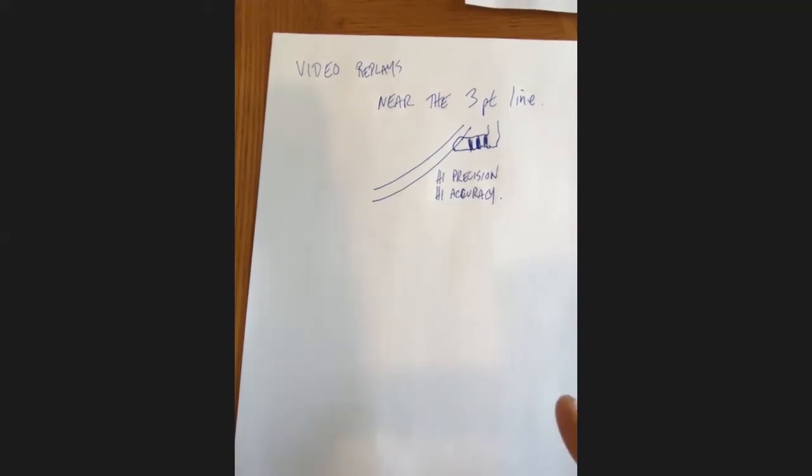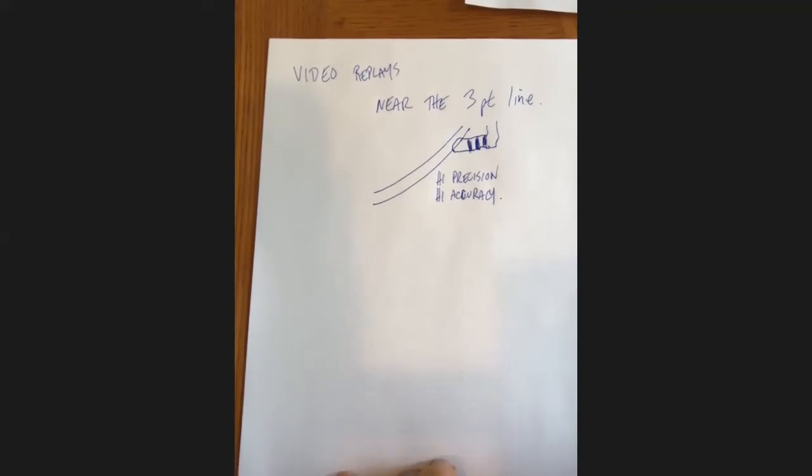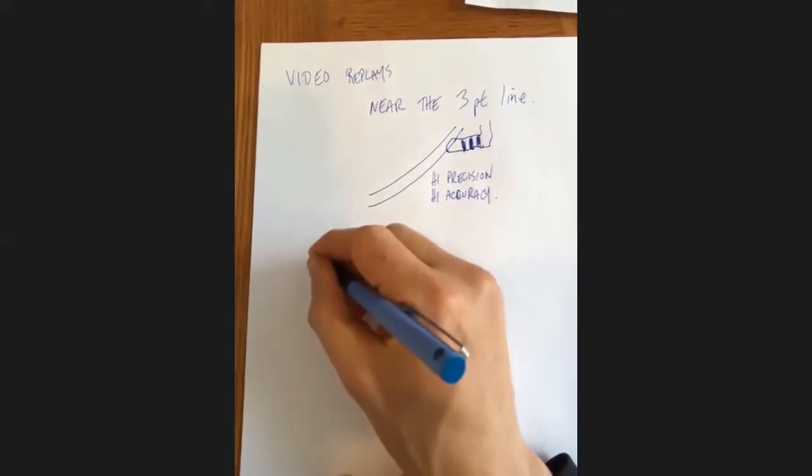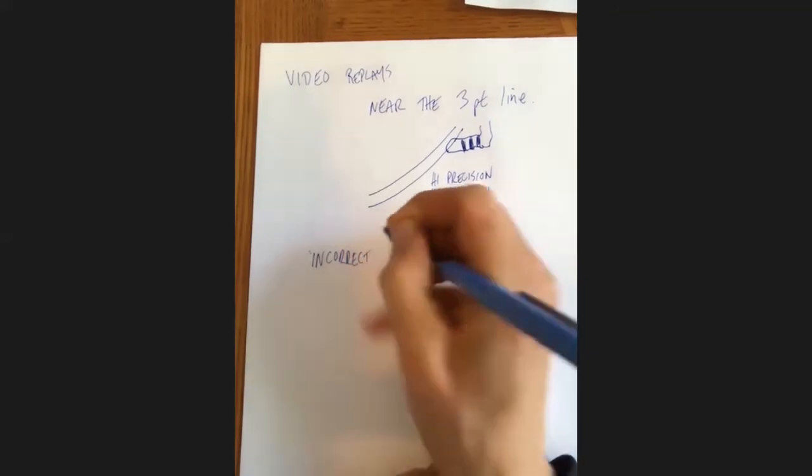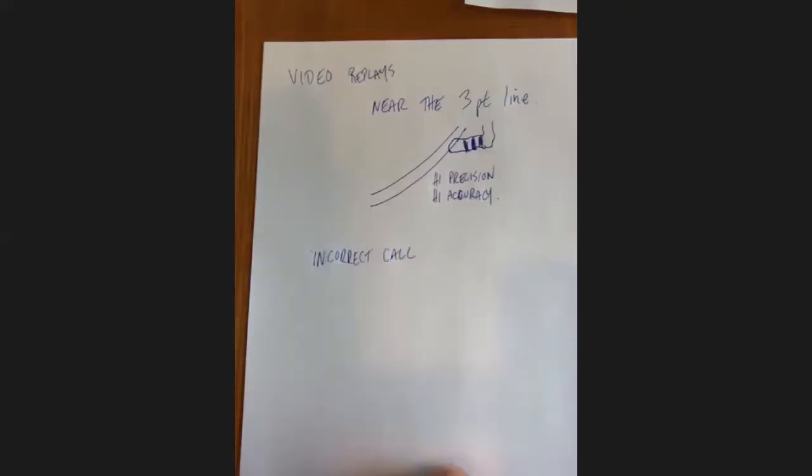If the referee or the umpire makes an incorrect call, people care a lot, don't they?